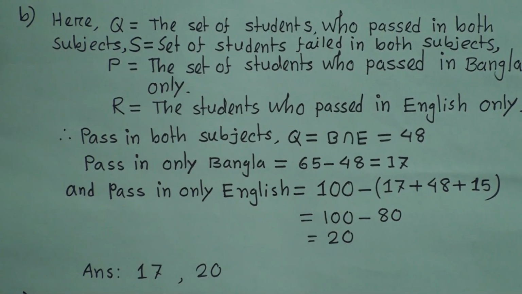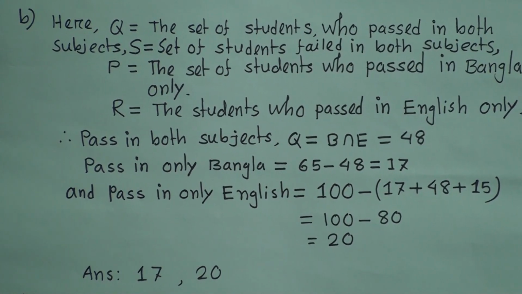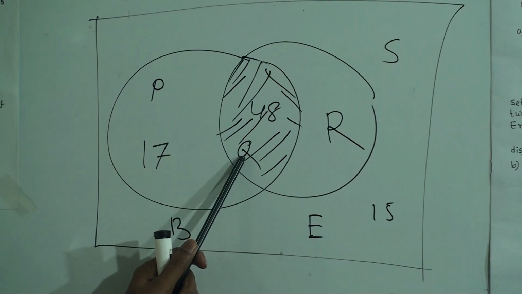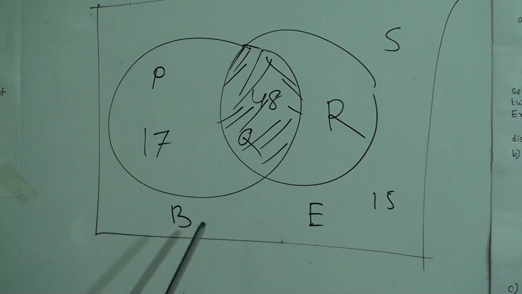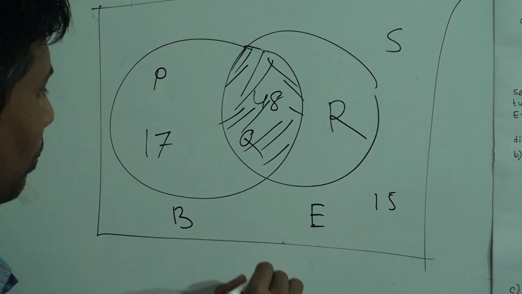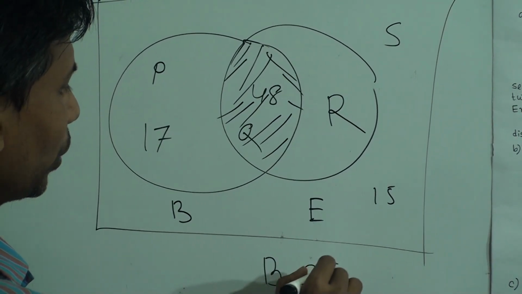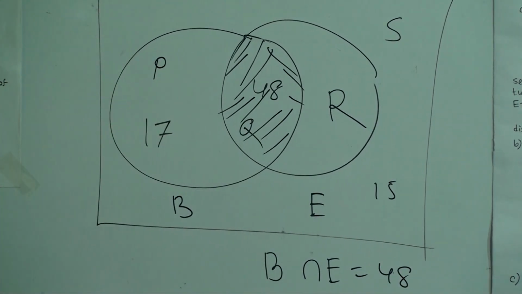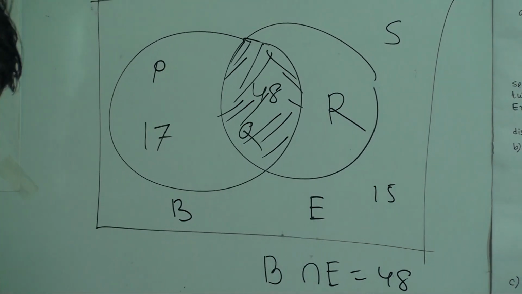That means this is the pass in both subjects, and this is Q. Q equal to the intersection of B and E, equal to 48. Okay, that means this is the common set.